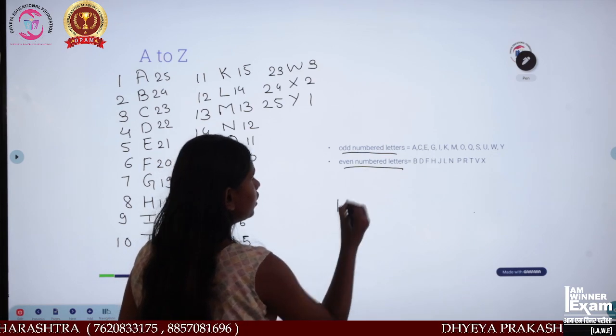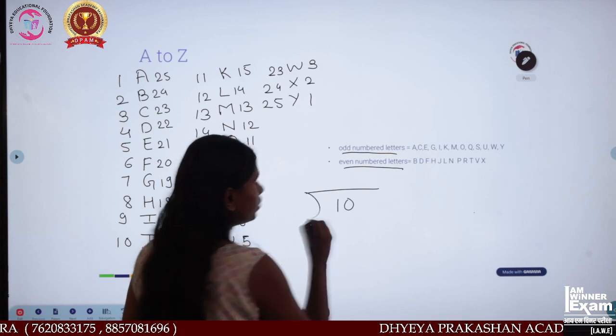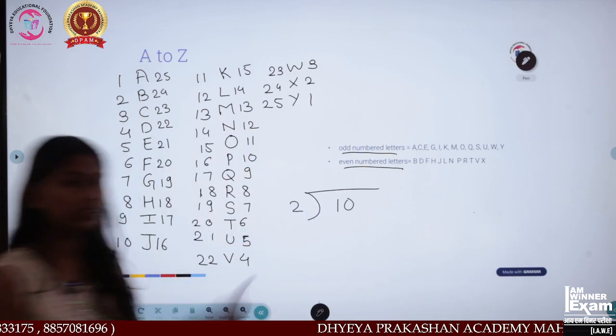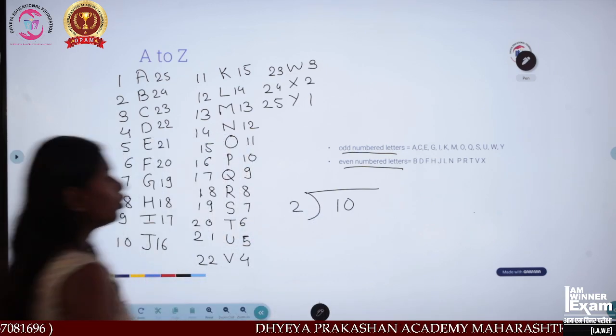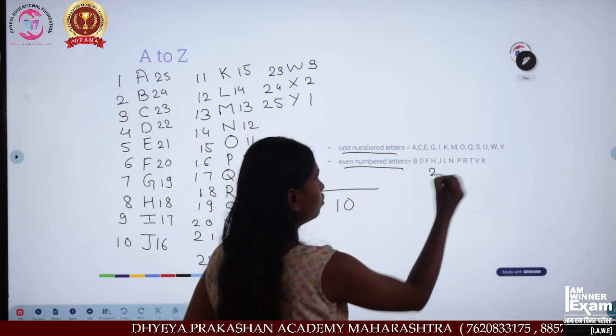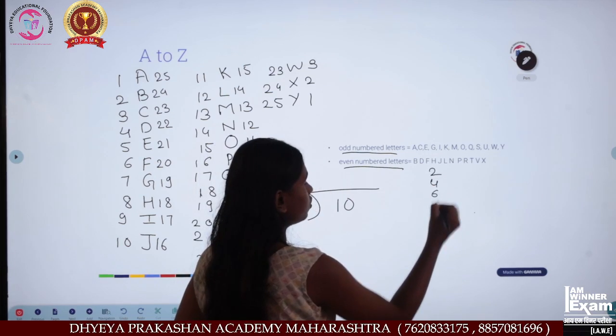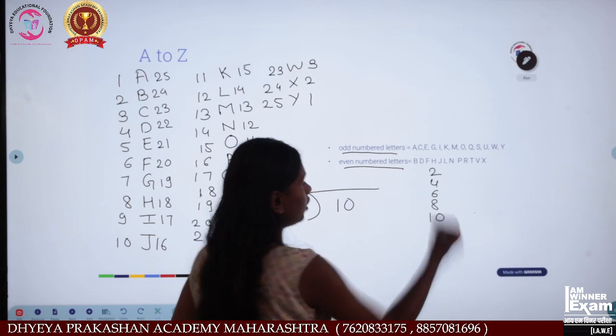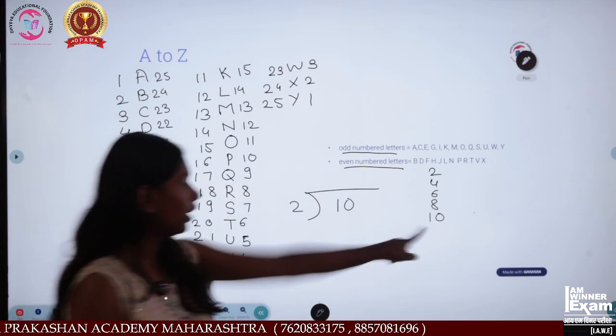Now we will see whether 10 is divisible by 2 or not. So what is the 2's table? That is 2 1s are 2, 2 2s are 4, 2 3s are 6, 2 4s are 8, 2 5s are 10. We got the 10.